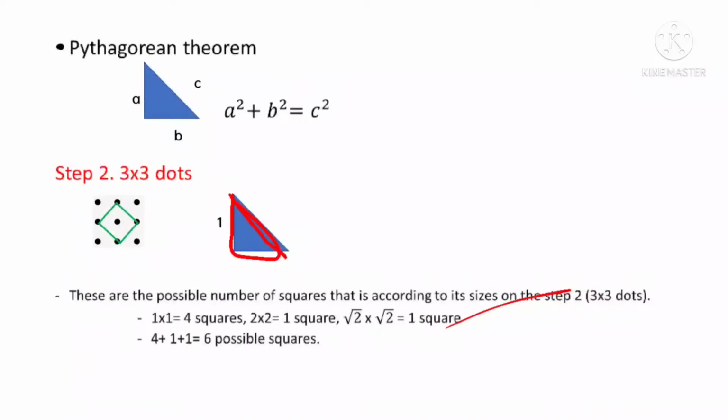Etong, pag ganito, yung dots na is isa yung minsan lang siya mag-move. So, kaya ito, naging 1. So, next is 1 ulit.